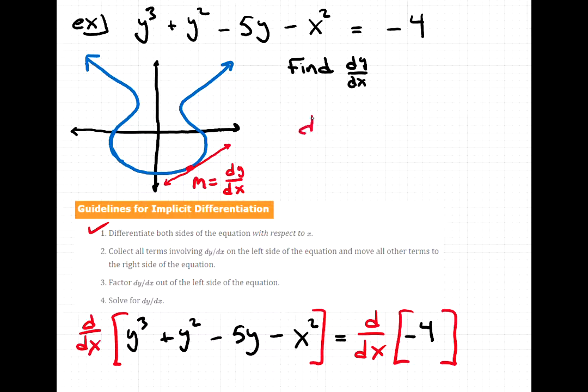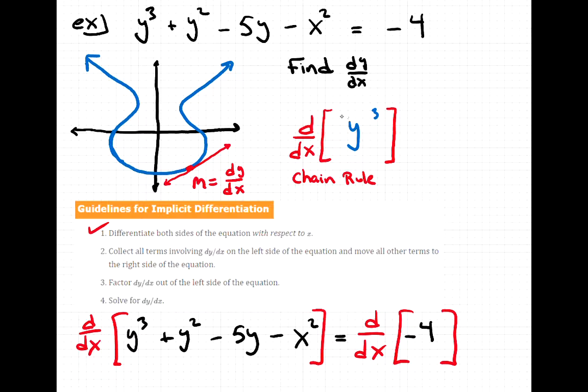If we take the derivative of y to the third power, what does that look like if we apply the chain rule? Well, I'm going to throw in some parentheses there that you normally wouldn't include because they don't really serve a purpose, but in this case it's more of a visual aid.